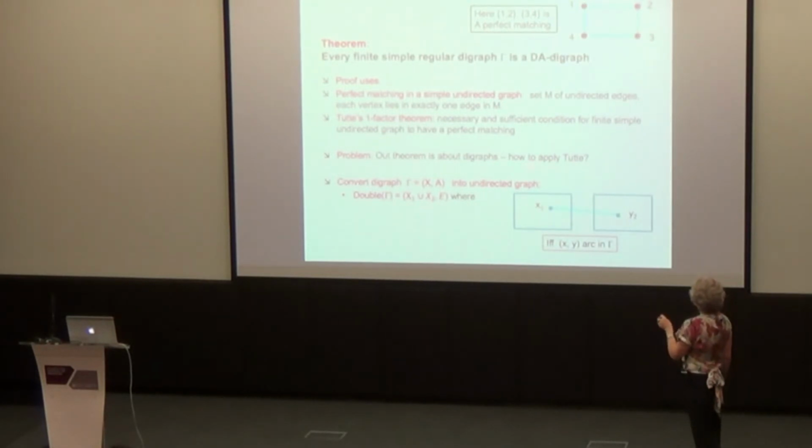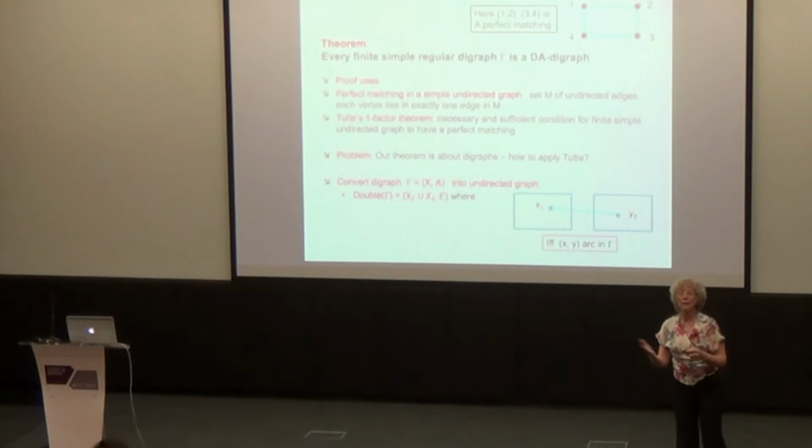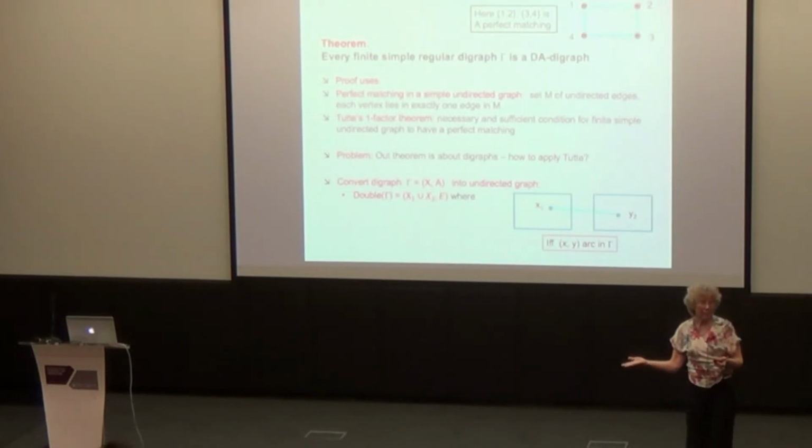Well, our theorem is about digraphs, so how do we apply Tutte? We convert our given finite, simple, regular digraph. So here it is, gamma, a finite, simple, regular digraph with vertex set X and arc set A. We convert it into an undirected graph in a similar way to the doubling that I explained before.